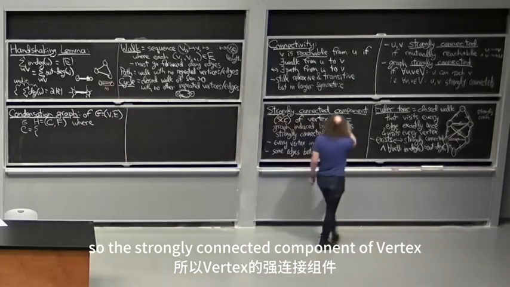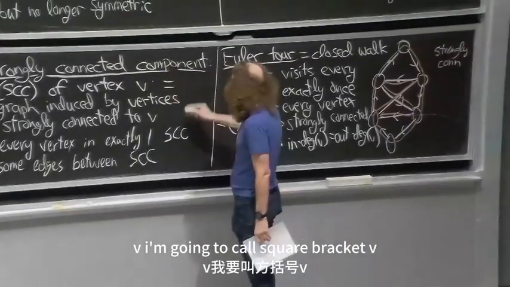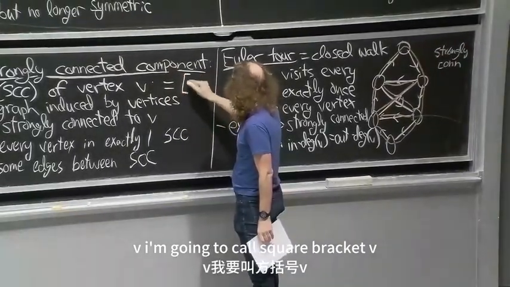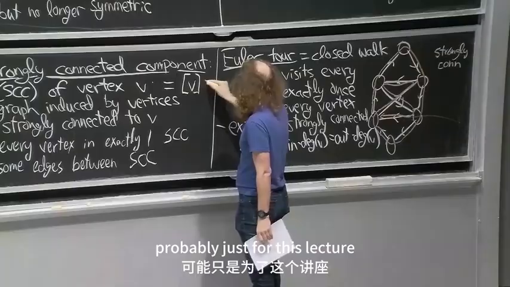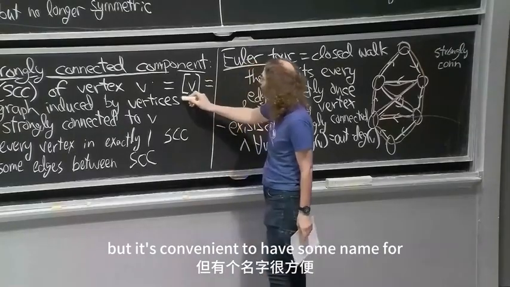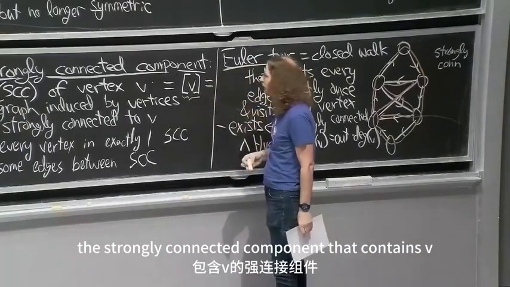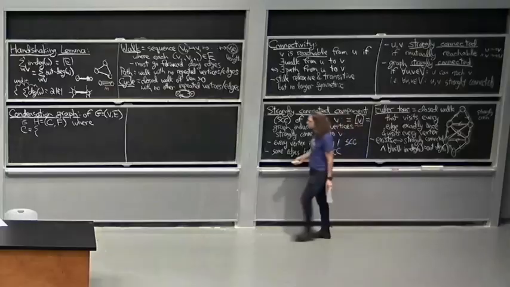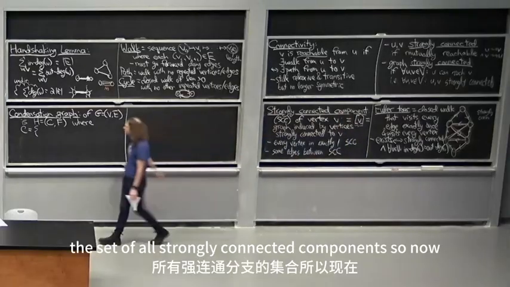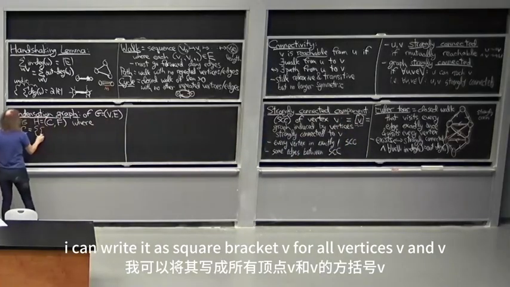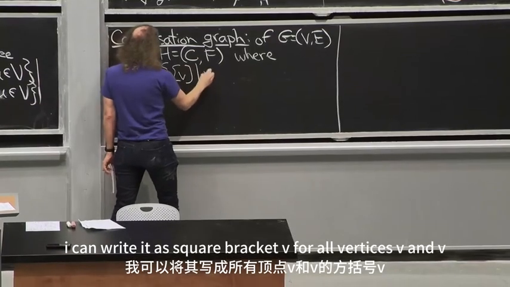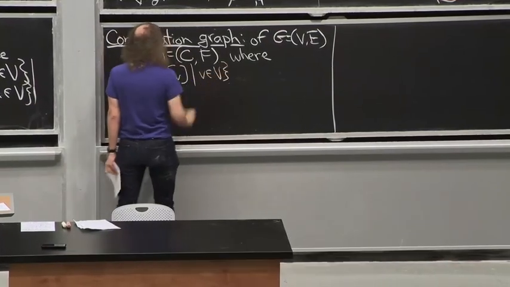The strongly connected component of vertex V, I'm going to call [V], probably just for this lecture, but it's convenient to have some name for the strongly connected component that contains V. And C is going to be the set of all strongly connected components. So now I can write it as [V] for all vertices V in the vertex set.